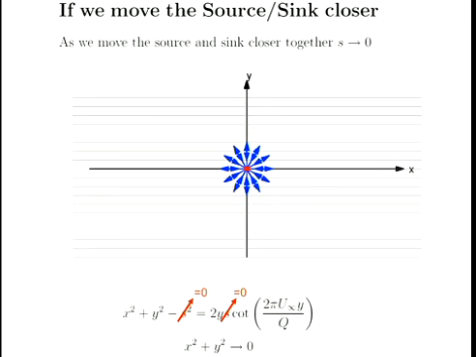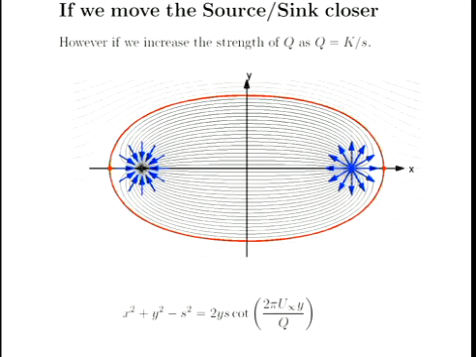So as we move the source and sink closer together, we're going to increase the strength of the source and sink so that strength is just equal to some constant, which I'm calling K, divided by S. Does that make sense? So as S becomes very small, if K is a constant, then Q is going to asymptote towards infinity, okay?